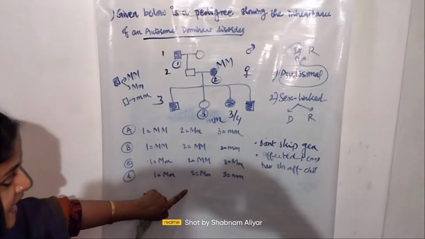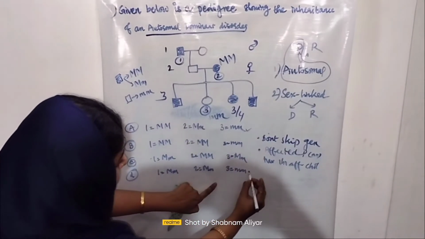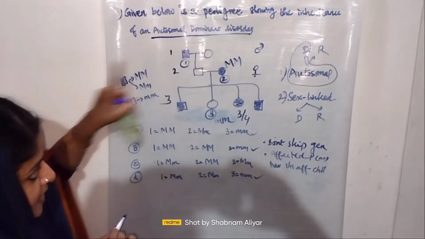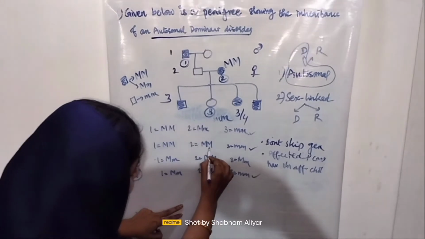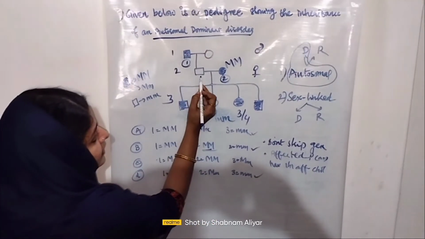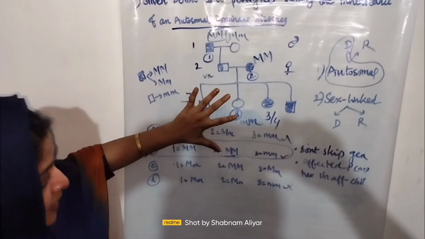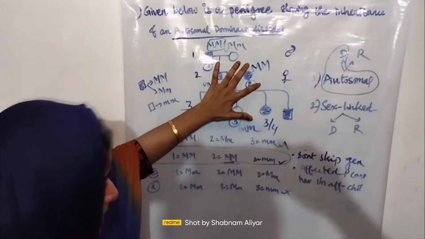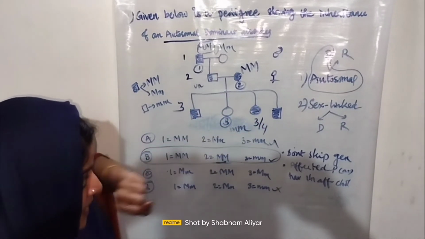What all options say this condition? 3 is small m, we can see that in these 3 options. And the second one is capital M, we can see in only this. And definitely the third person is clearly unaffected, and the second person has to be capital M, so that 3 out of the 4 children remain affected.